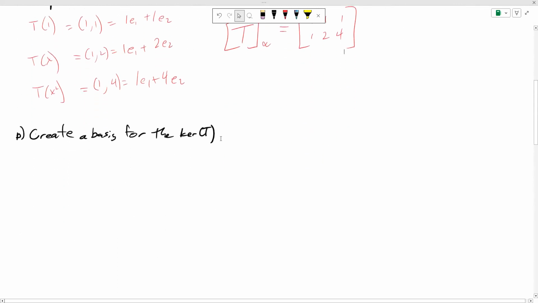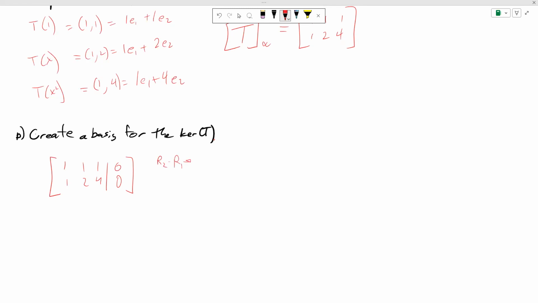From here, we'd like to compute the kernel. To compute the kernel, we're going to solve the homogeneous system with this matrix equaling the zero vector. And our solution vectors represent our kernel using the coordinate vectors that are created with the basis alpha. So first we take row 2 minus row 1, replacing row 2, to convert this matrix into echelon form.